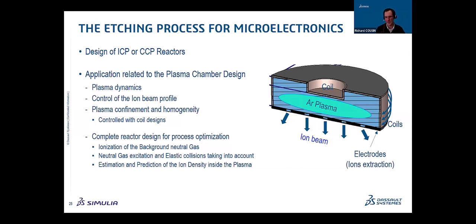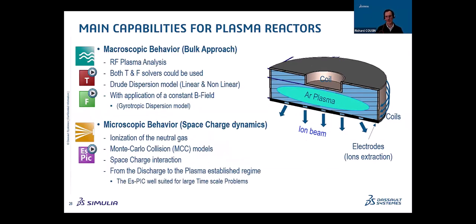Then you can really analyze the kinetics of the plasma dominated by the collisions. And you can estimate and predict the electron and ion density profiles that you have within the plasma. For this, once again, we also have a particular technology on demand that you can use.